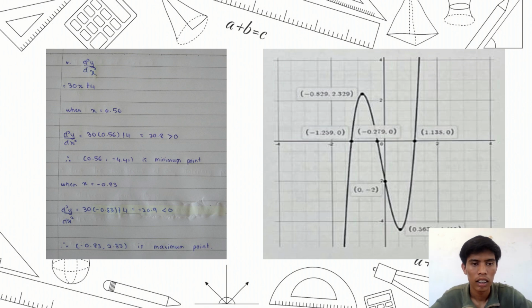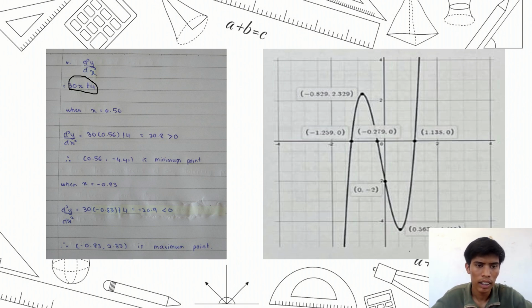Alright, let's go to question number 5. The question is to determine the nature of any stationary points we found in part 2 and justify your answer. The answer we got is 30x plus 4. After we get the answer, fill in x equals 0.56.